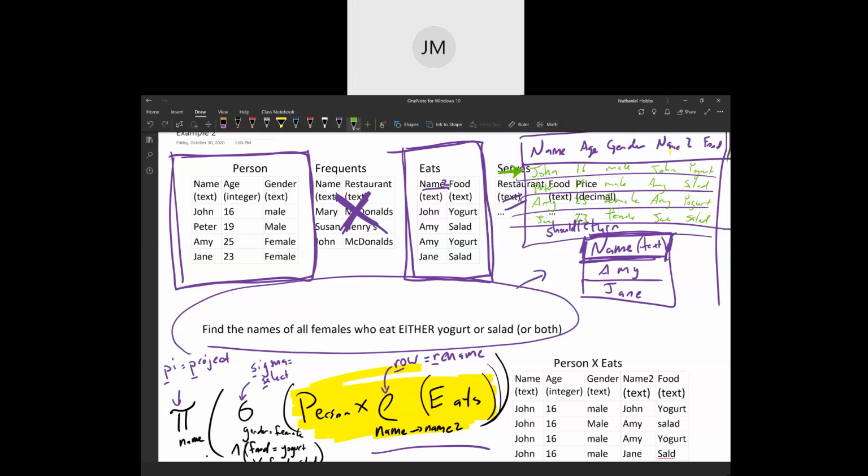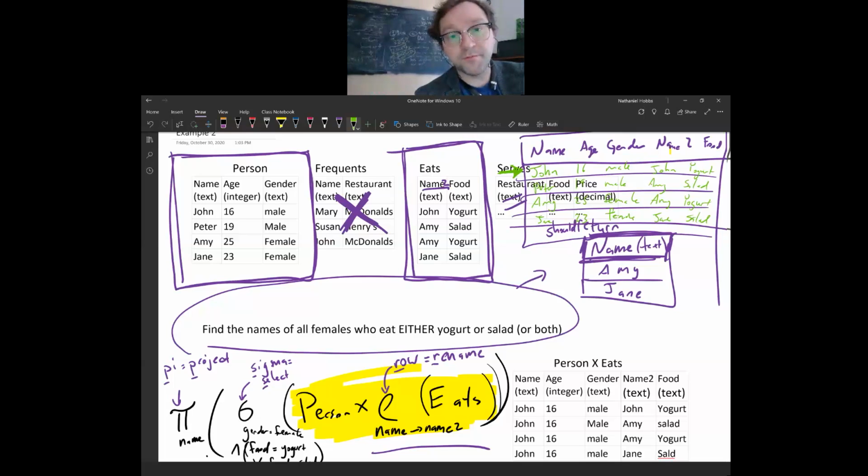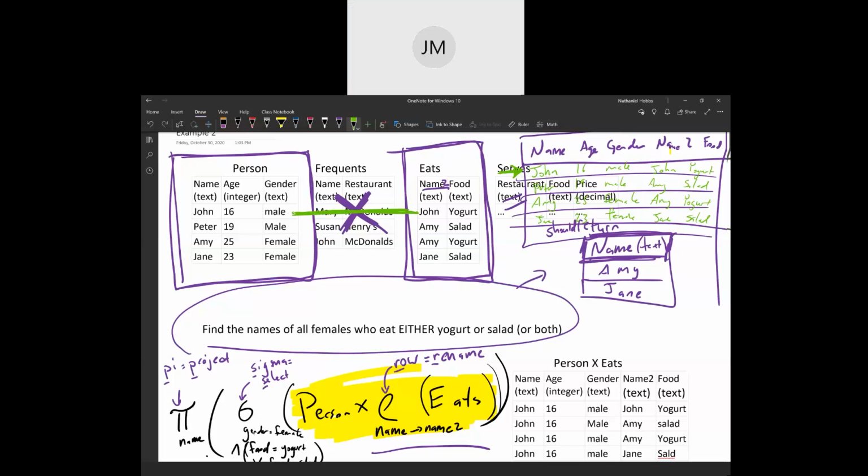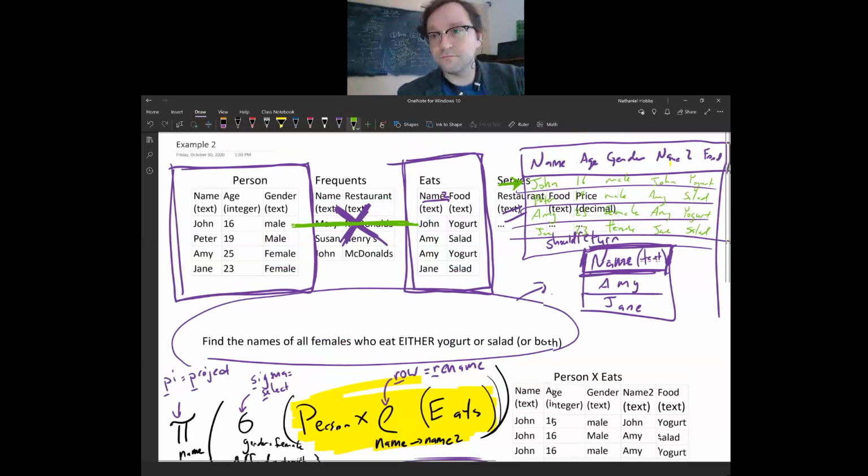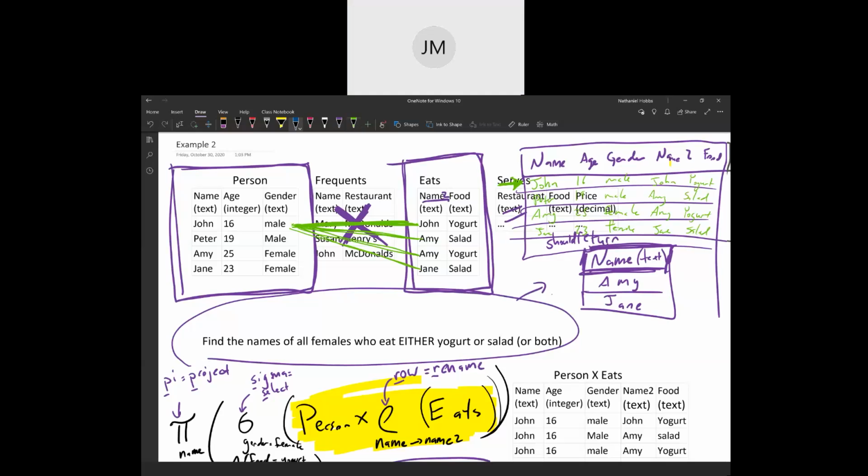I don't think so. Yeah, so the cross multiply doesn't multiply just the first row with the first row. It also pairs the first row here with the second row, and then with the third row and the fourth row. And the same thing when you pair Peter.